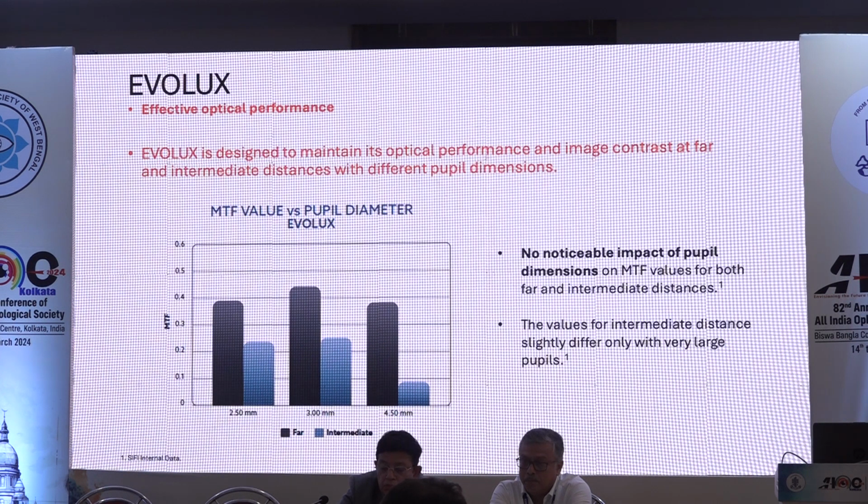The other lenses available in the market have an even smaller zone. That's why the pupil size of the patient with these other brands is very important. They are not able to give very good intermediate vision even in the 3 millimeter zone.